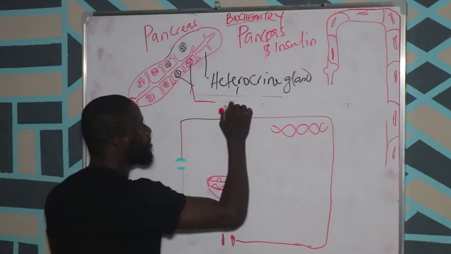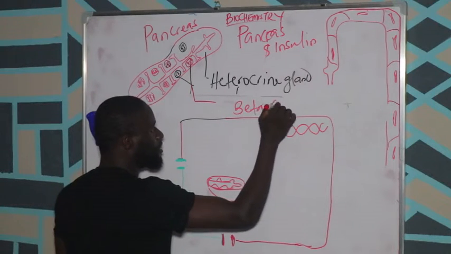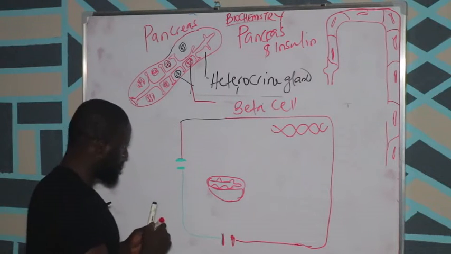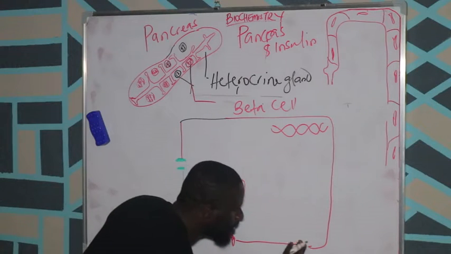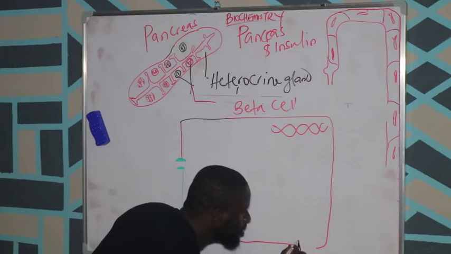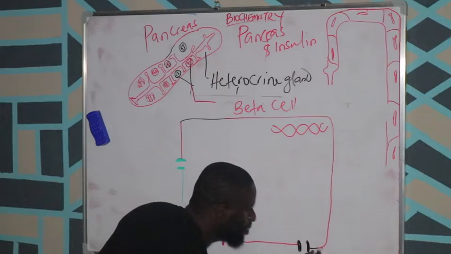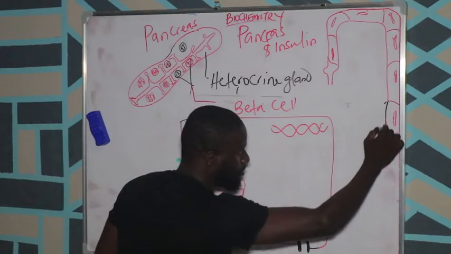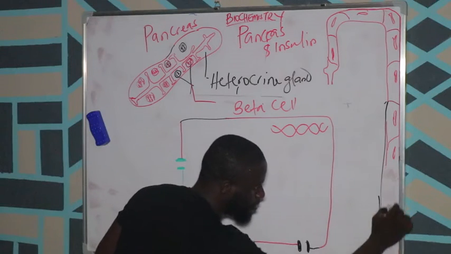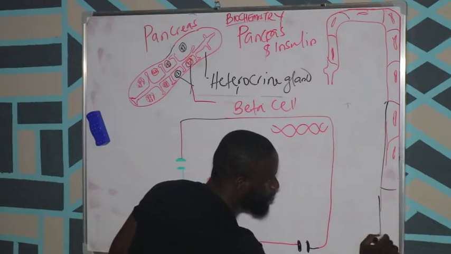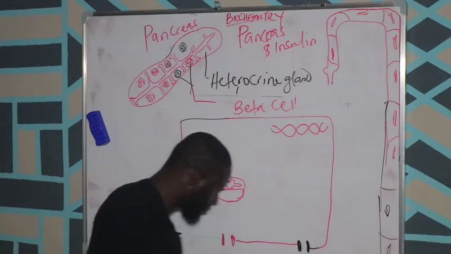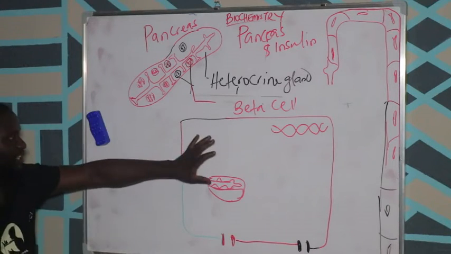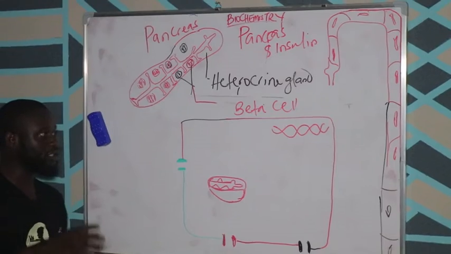Okay, good. My beta cell. Okay, I think yes, the calcium. Yeah, should be here. Okay, so now we want to see how, mind you, this is my blood vessels, the bloodstream. Okay, good. This is just an illustration of how the beta cell will look like.